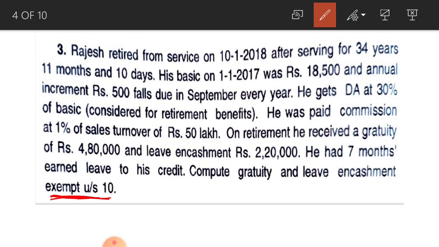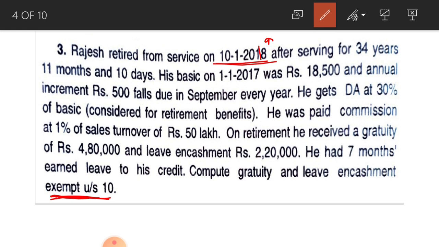See this problem once again. Rajesh retired from service on 10th January 2019. For the calculation of leave encashment, you have to consider till the date of his retirement. But for the calculation of a gratuity amount, you have to consider till the previous month of retirement.